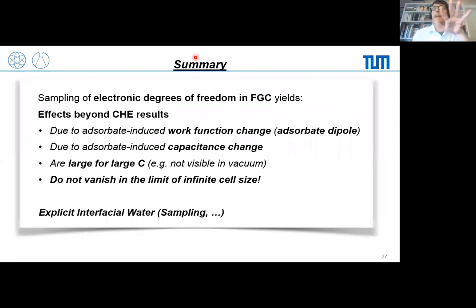I'm not sure if it's related to the work by Gautier, on practical considerations, where it was described that you can have a problem in the energetics for infinite cell size perpendicular to the slab, depending on how thick you choose your implicit solvent region. That was especially a problem related to VASP-SOL.